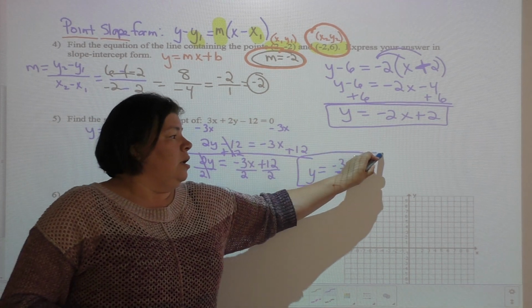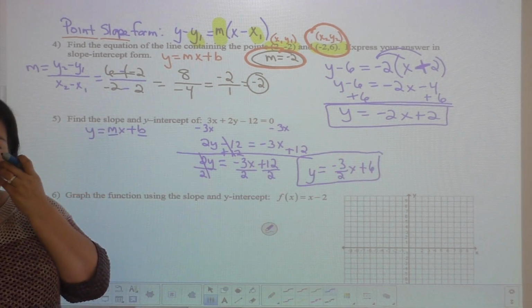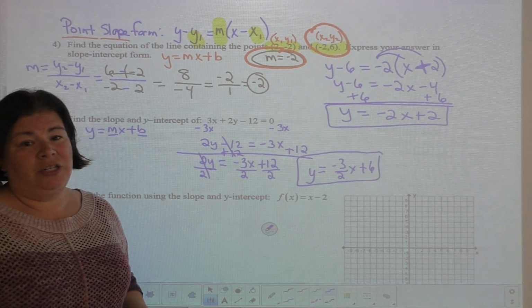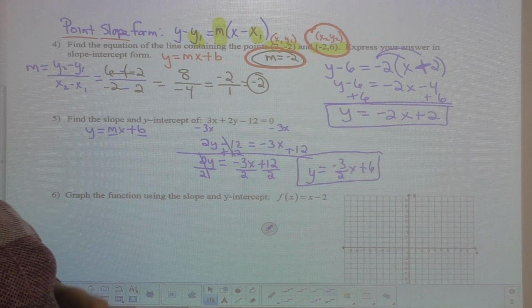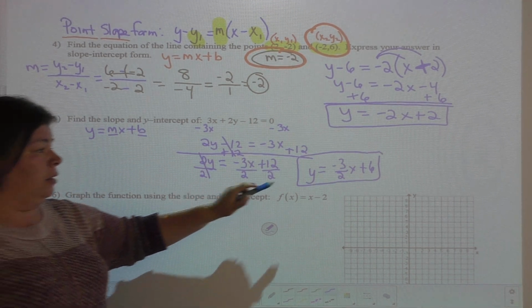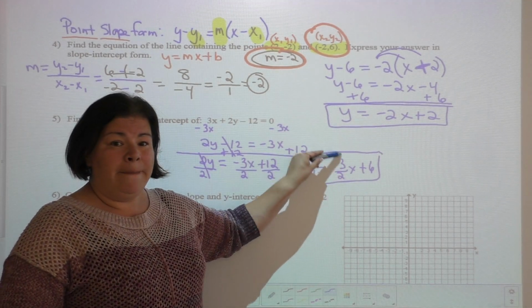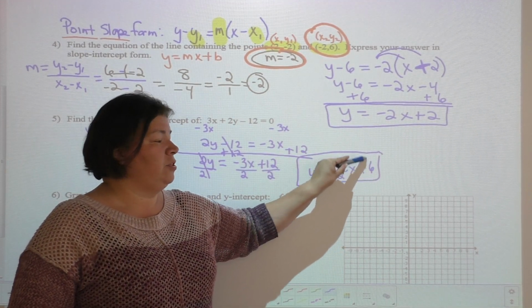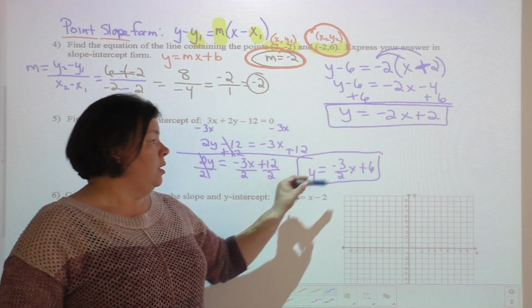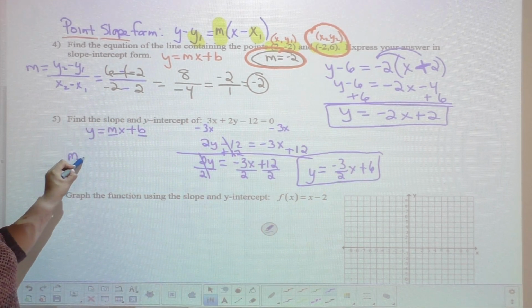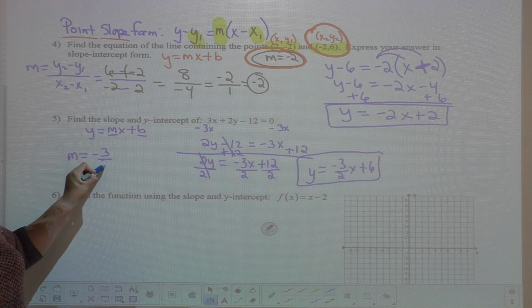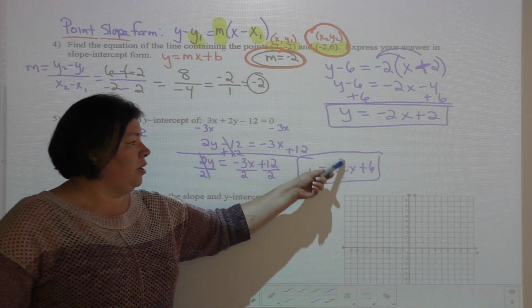All right, so we wrote our equation in slope-intercept form, but we did not answer the question yet. The question says, find the slope and the y-intercept. Well, this is our slope, this is our m value, and this is our b, which is our y-intercept. So we could say that our slope is -3/2. Remember, it's always the coefficient.